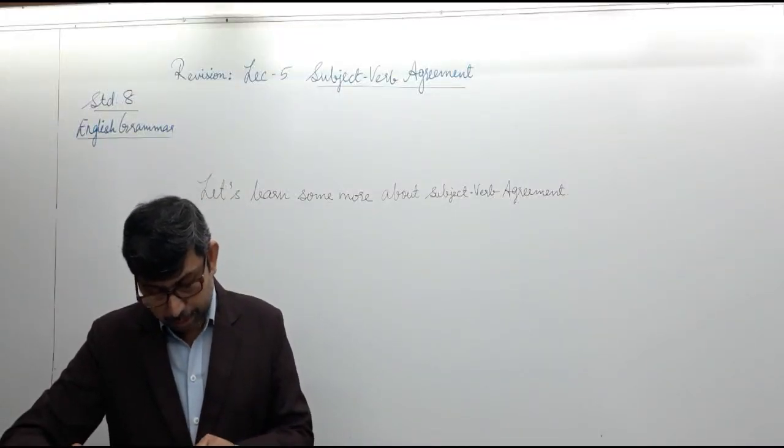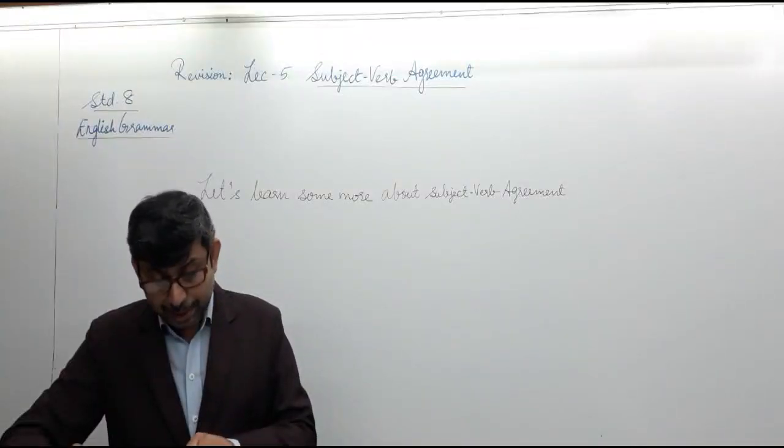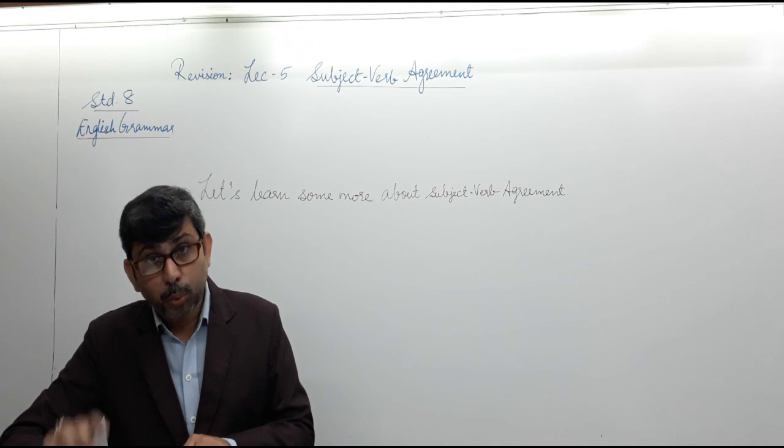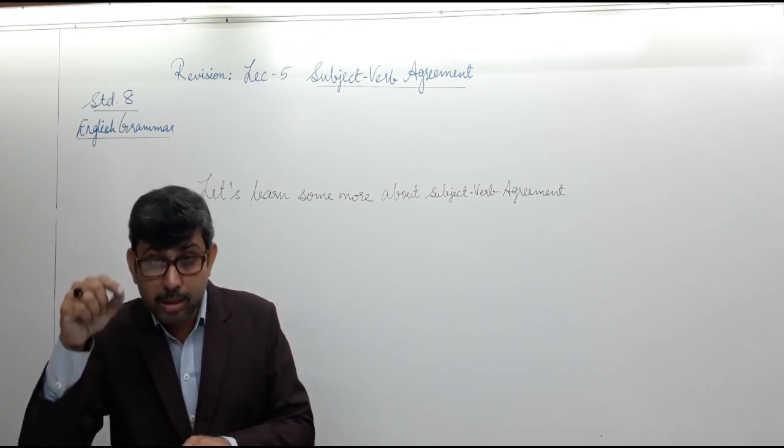Let us take one more example. My sister, with all the cousins, is going to celebrate New Year's Eve at the club. Carefully see, with is the joining word over here. Now cousins is plural.